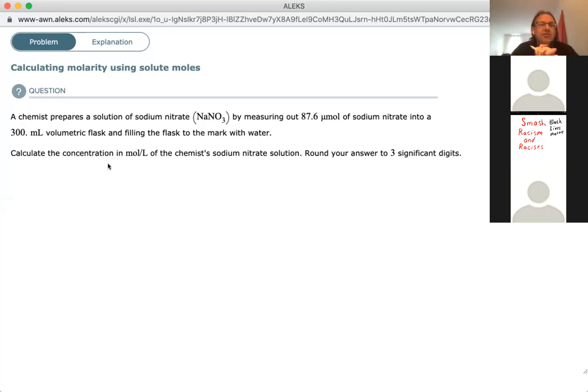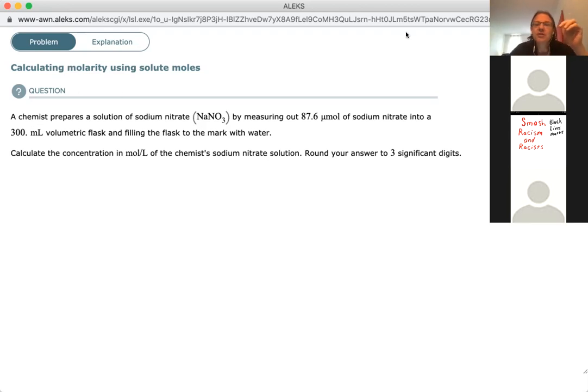A chemist prepares a solution of sodium nitrate, NaNO3, by measuring out 87.6 micromoles, see the micro symbol, of sodium nitrate into a 300 milliliter volumetric flask, filling the flask up to the mark with water. Calculate the concentration in moles per liter, that would be molarity, of the sodium nitrate solution, okay?